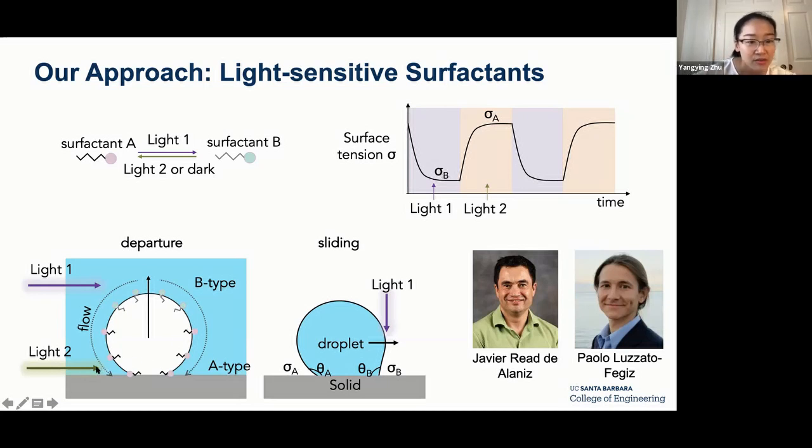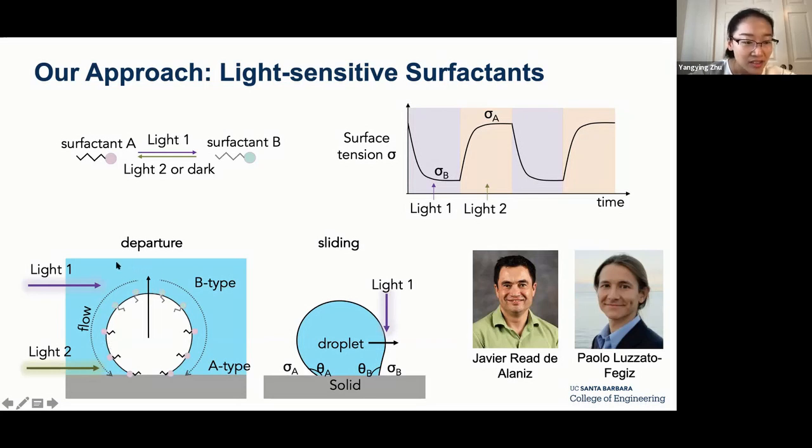But if I make sure that the bottom is dark, or if I want to further ensure that I have A type surfactant, I can shine light on the bottom of the droplet. So you see, you have a surfactant concentration gradient, or surfactants of different types. As a result, you have a surface tension gradient and you induce a Marangoni flow.